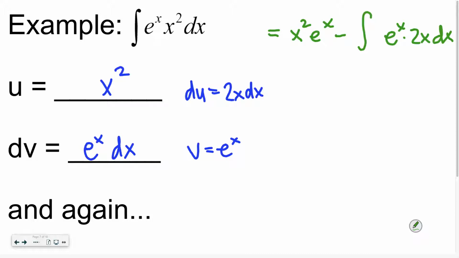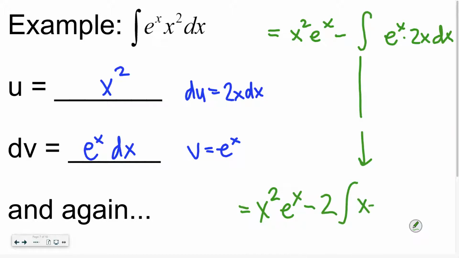Well, baloney. We can't do this integral without integration by parts. So we have x squared e to the x minus 2 times the integral of x e to the x dx. We already know that.